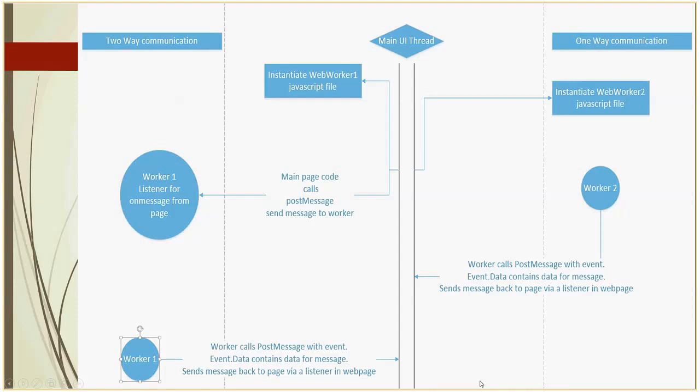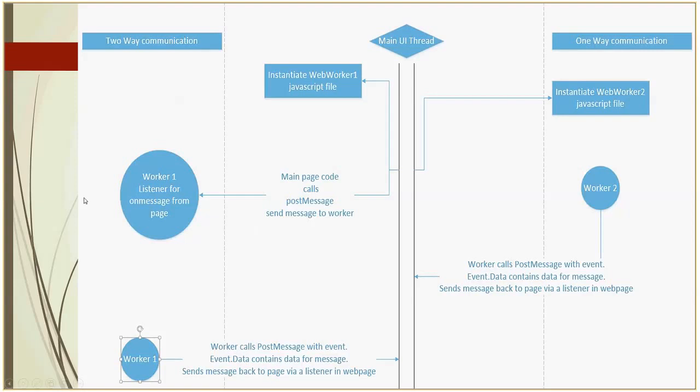There is two-way communication and there is one-way communication. So what is two-way communication? So whenever the web page wants to talk to its worker and the worker also wants to talk to its web page, then that's a two-way communication. So all communications to and from the worker thread is managed through something called messages.